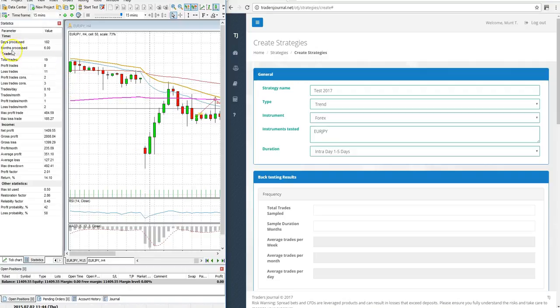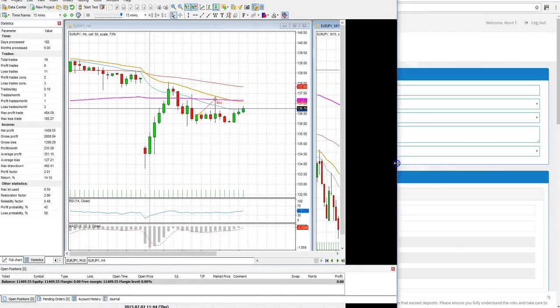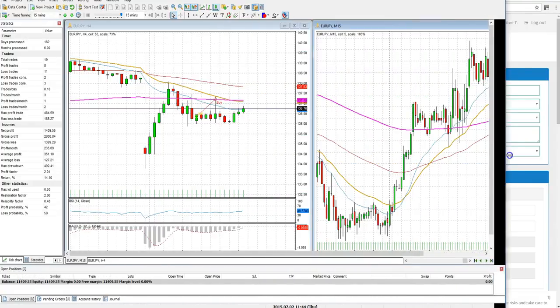You can see up here, months processed, 6 months. So it's only a short period, and it's only one instrument. I've done it on Euro Yen, you can see up here. I've actually used 2 charts, the 4-hour, and I can just make it a bit bigger for a moment. 4-hour and 15-minute.